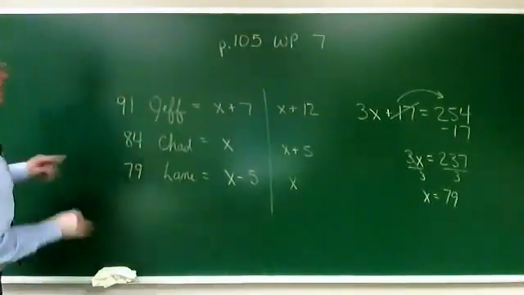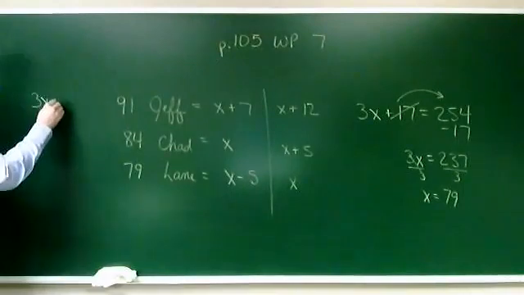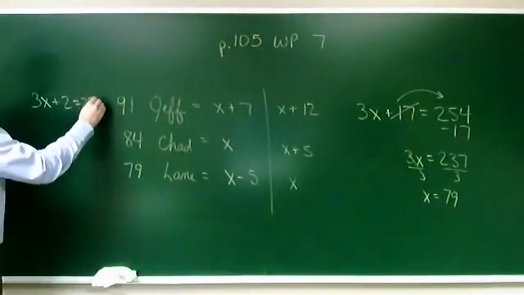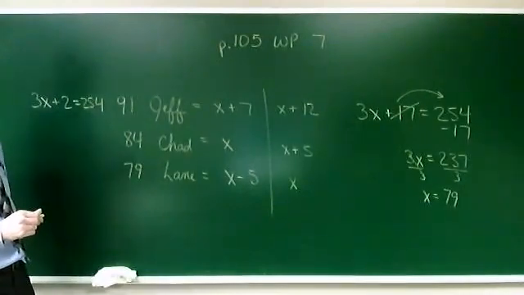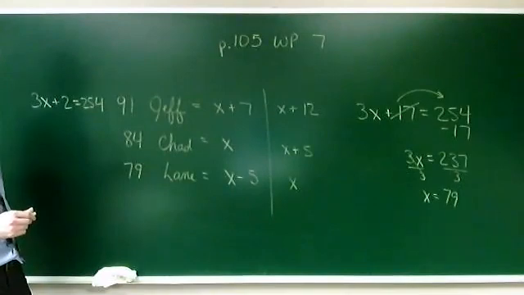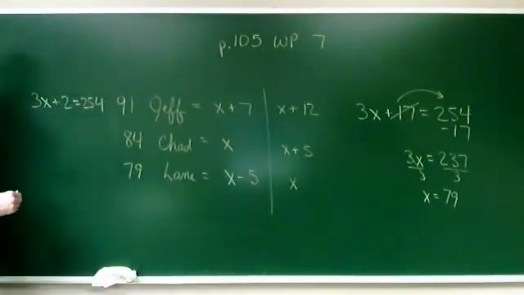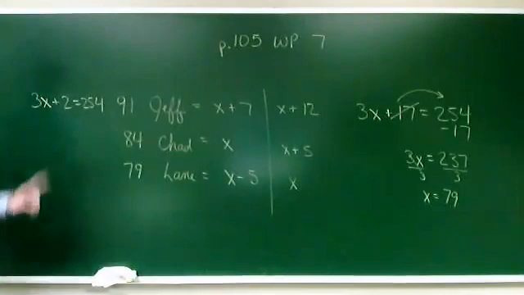Now, Gavin, in your case, your equation should have been 3x plus 2 equals 254, correct? So Maddie, mute, Gavin, unmute. Gavin, was this your equation? 3x plus 2 equals 254? Sure.